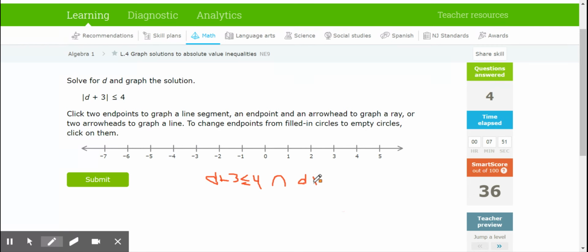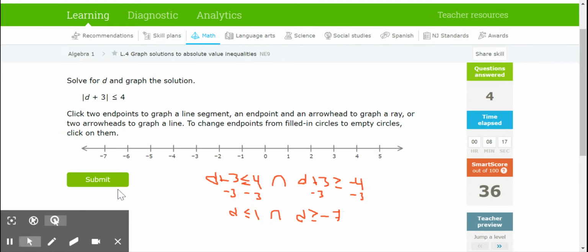Never change what's inside, so take what's inside, and now flip and solve for the mirror image. Mirror image of less than is greater than. Mirror image of positive 4 is negative 4. So we'll subtract 3 from both sides. You've got D is less than or equal to 1, and D is greater than or equal to negative 7.